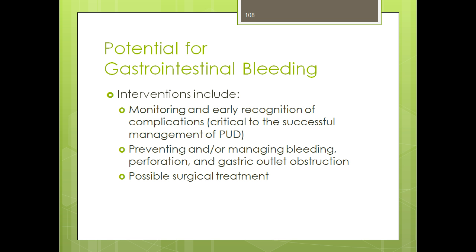Of course, there's always a potential for gastrointestinal bleeding. Interventions would include monitoring and early recognition of complications, which is critical to the successful management of PUD, preventing and or managing bleeding, perforation and gastric outlet obstruction, and possible surgical treatment.